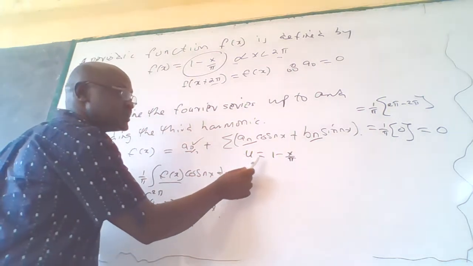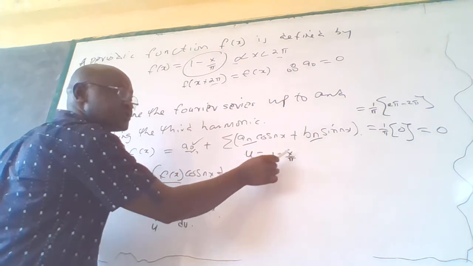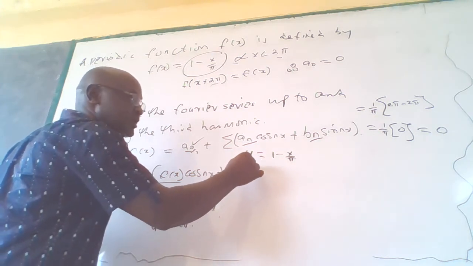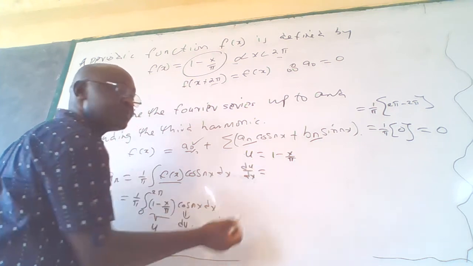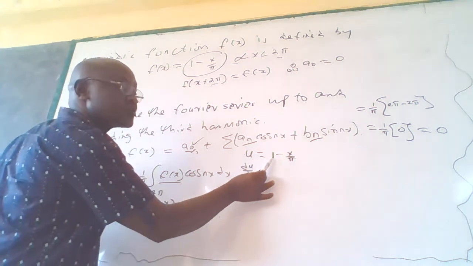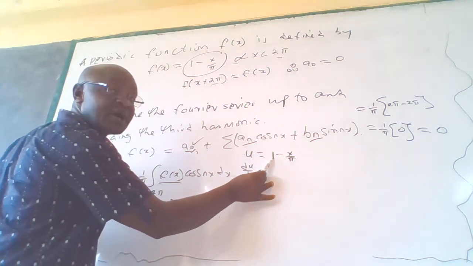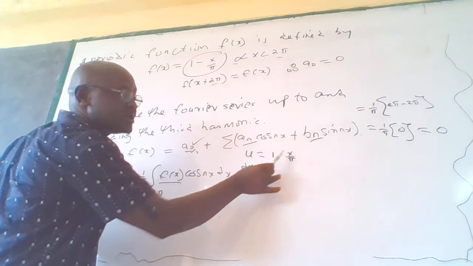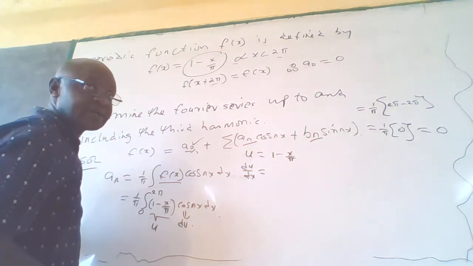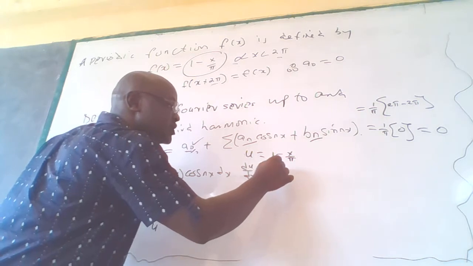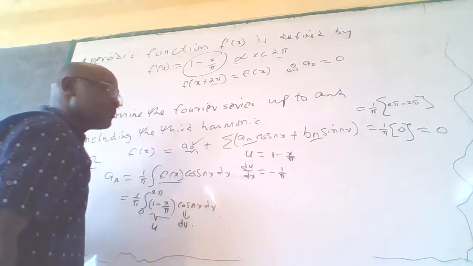We differentiate u with respect to x. du dx will be equal to, when you differentiate 1, you get 0 because it's a constant. When you differentiate x, you get 1. Therefore, we have minus 1 over pi.